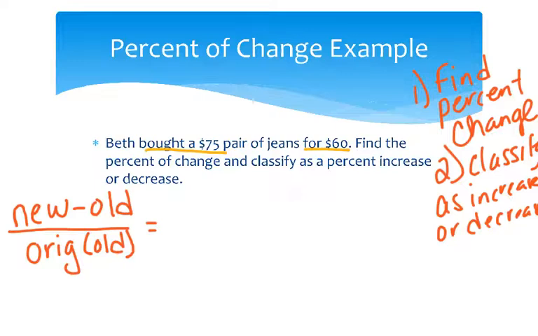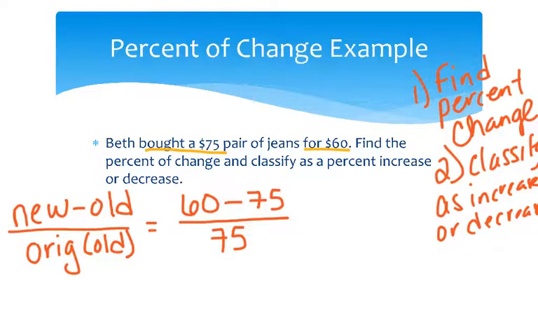So Beth is going to pay $60 for her jeans. So I'm going to fill in 60 minus the old price. The old price of the jeans, which was what they were originally selling for, was $75, all over the original price. So the original amount, which is going to be $75.